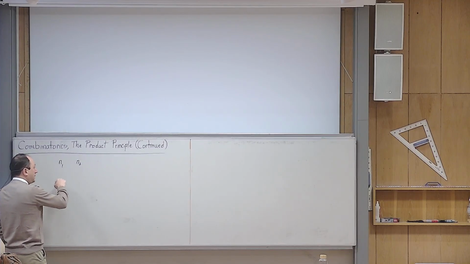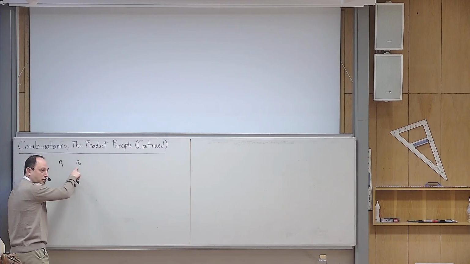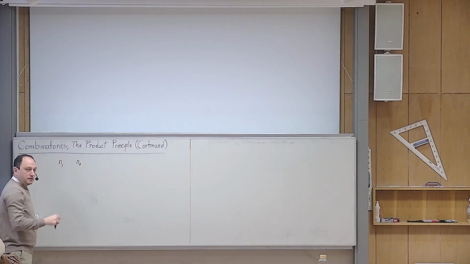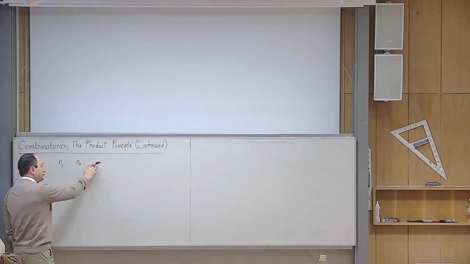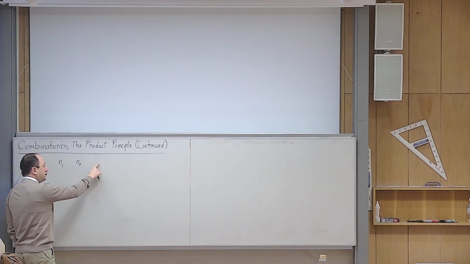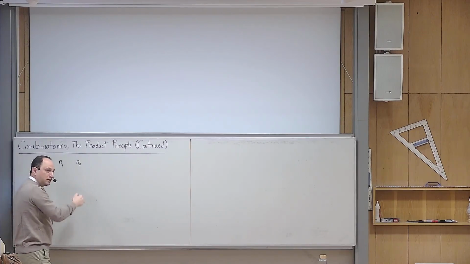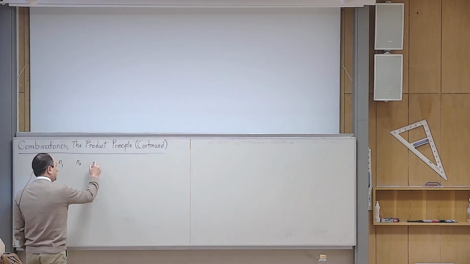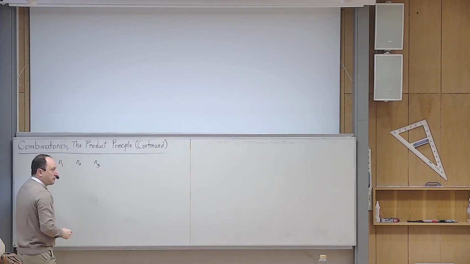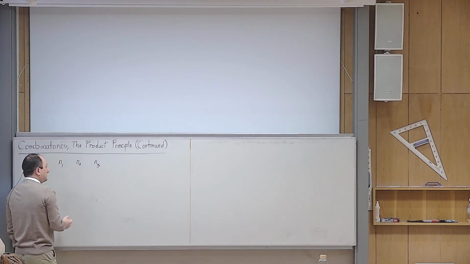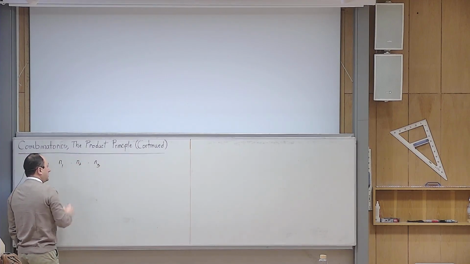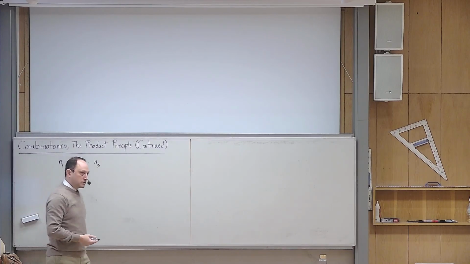And then after the first and second stages are accomplished in one of these ways, the third stage, independent of how the first and the second one are done, can be done in n3 ways. Then for doing the task, we have n1 times n2 times n3 ways.